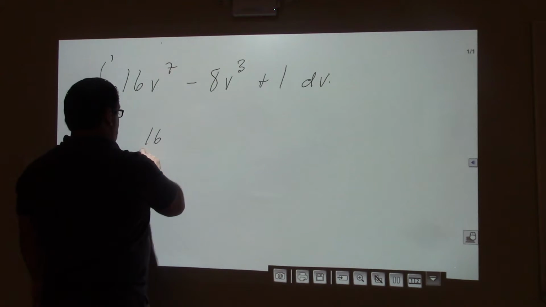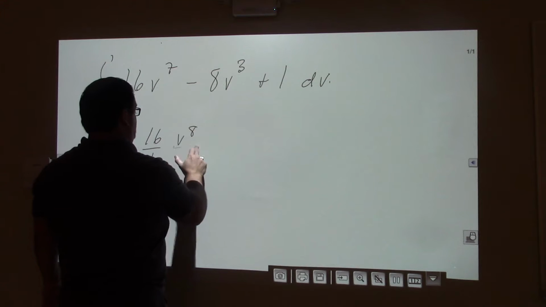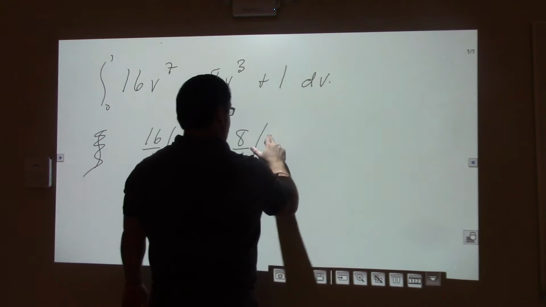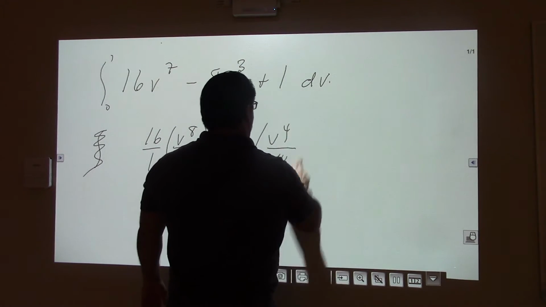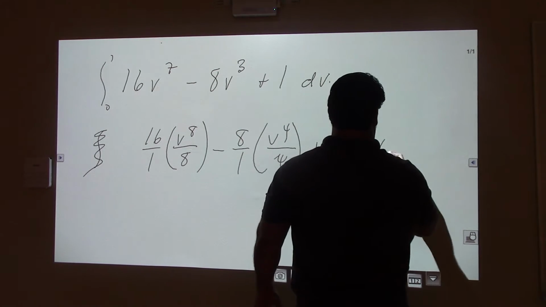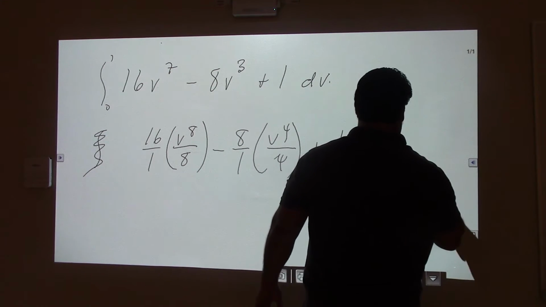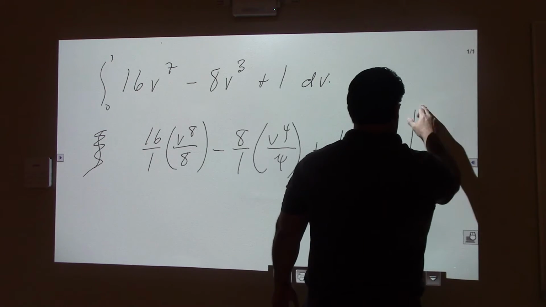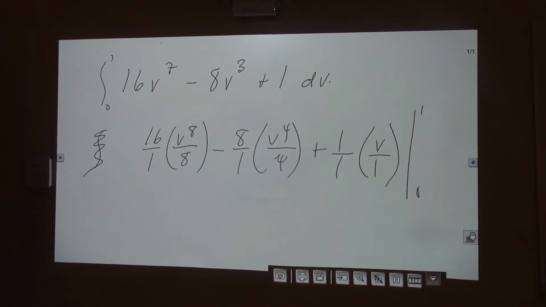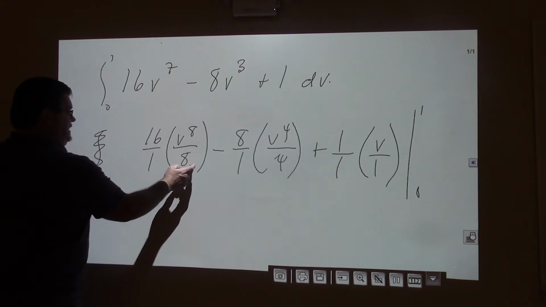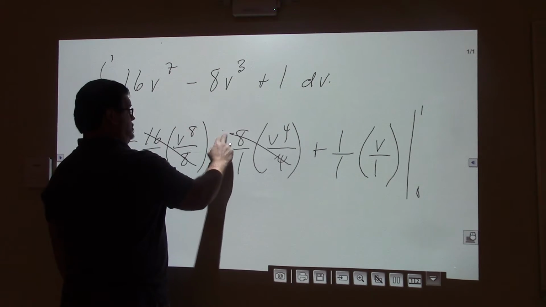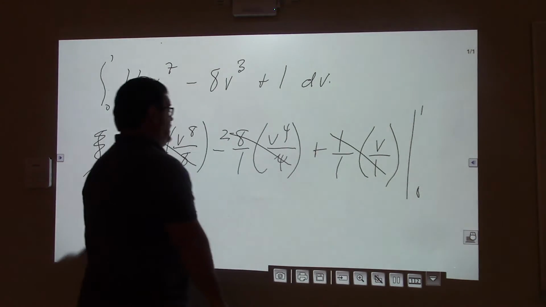So that'd be 16 over 1, v to the 8th over 8, minus 8 over 1, v to the 4th over 4, plus 1 over 1, v over 1, evaluated at 0 and 1. So you can skip some steps if you want to. 16 and the 8, 2; 8 and the 4, 2; and the 1s cancel.